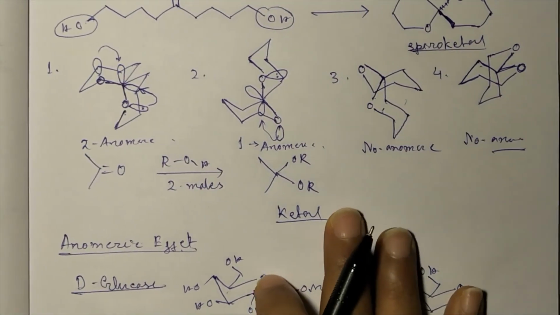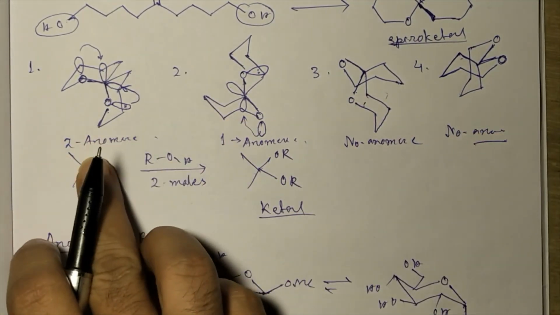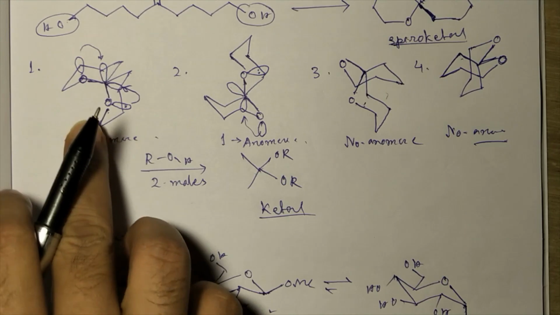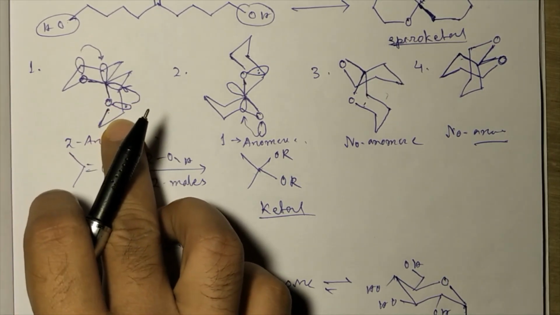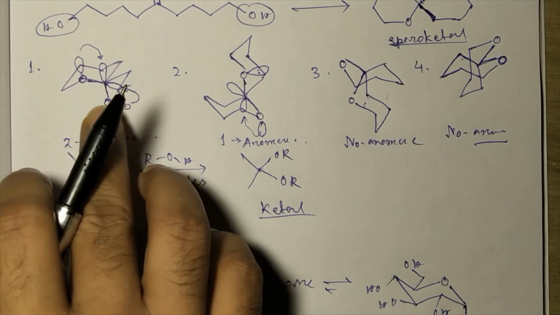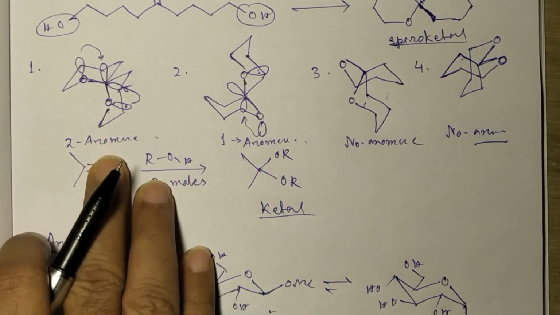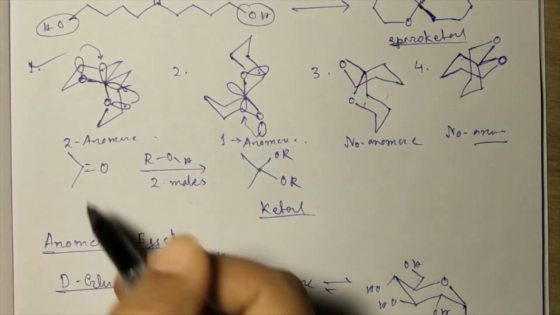Now we can see that between these four compounds, here two anomeric effects are observed, and due to these two anomeric effects, this compound is more stable and it will form preferentially. So our answer is 1.